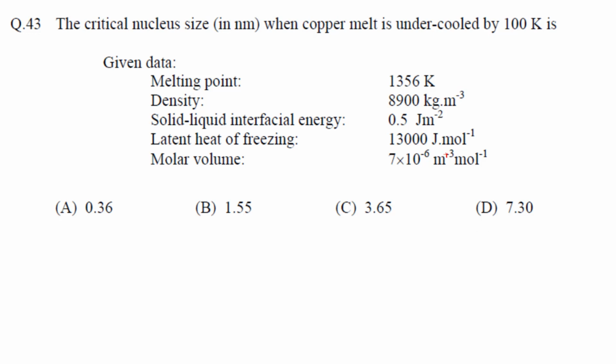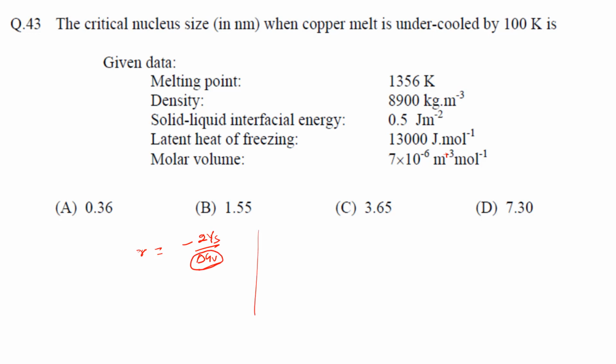Okay, so this is a problem of size of the nucleus, the critical nucleus. So we know the formula, critical size equal to minus 2 gamma s by delta GV. Right? Delta GV means free energy change per unit volume.